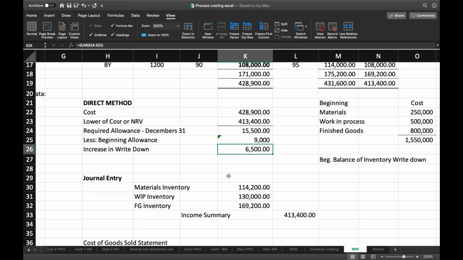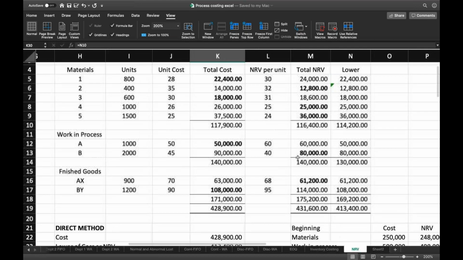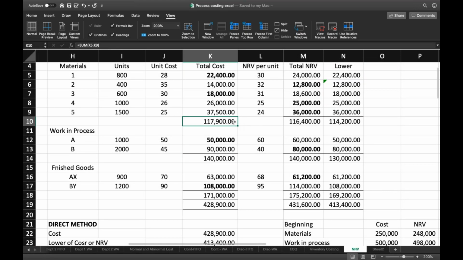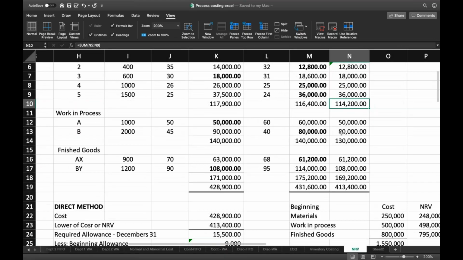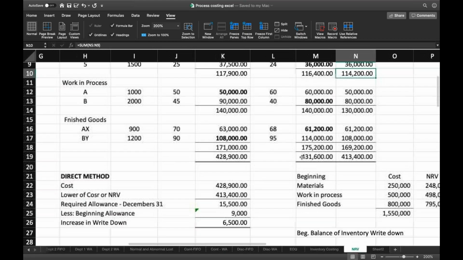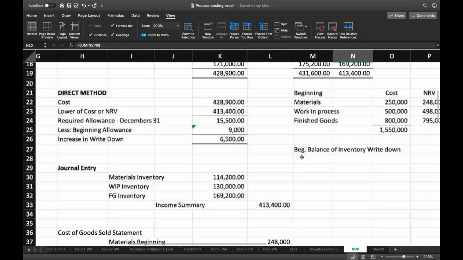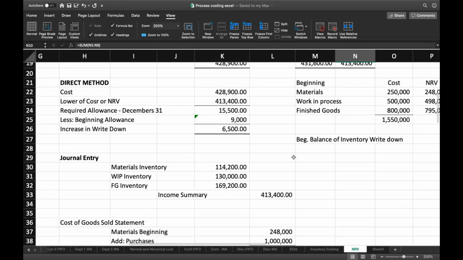So again, we have to record the inventories at their lower of cost or NRV. So for materials inventory, instead of 117, they must be recognized at 114,200. So if this is the ending inventory cost, ang entry natin for ending inventory is debit inventory, credit income summary.